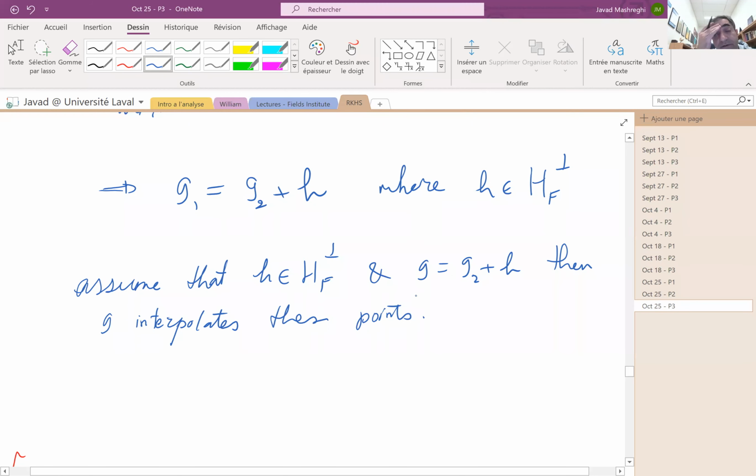Like in a linear differential equation or some other concept, we can present all the functions which interpolate. So the set of all these functions is of this form.